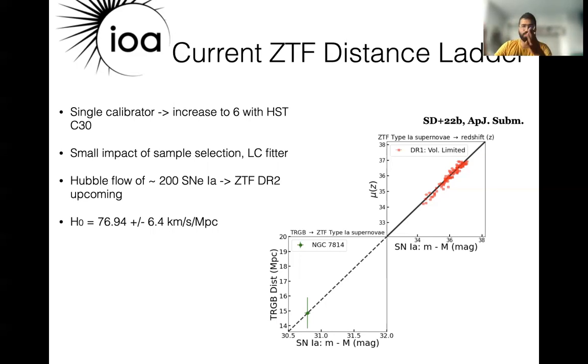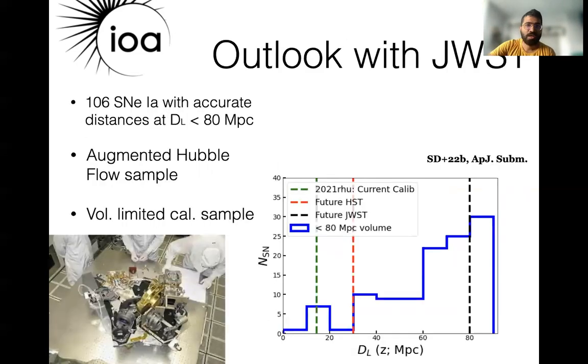ZTF DR2 will improve this by about an order of magnitude. So we took only the ones that have spectroscopic redshifts from the host galaxy. ZTF DR2 will have the full range of 3000 type Ia supernovae with redshifts. So the outlook here is that now with James Webb, we will be able to probe a volume of around 80 megaparsecs. ZTF has already observed over 100 type Ia supernovae with accurate supernova distances.